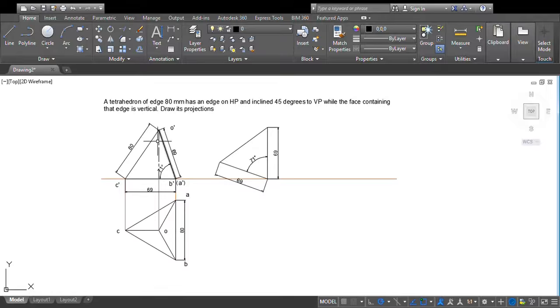So this 69 mm I am marking here vertical. Then from that point I am taking 71 degrees like this and having length 69 mm. So I got all these points.